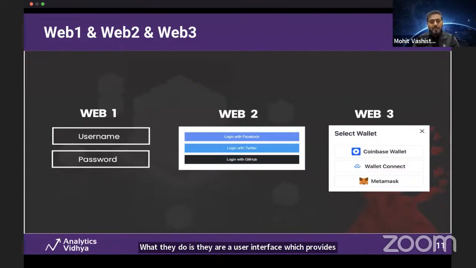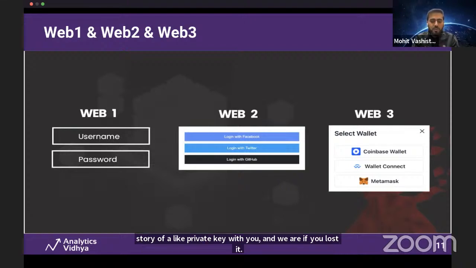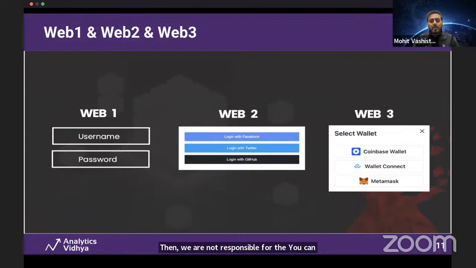They will say, you will have to store your private key with you, and if you lose it, we are not responsible, we cannot make it again, because it's a process which only happens once. You cannot define public and private keys again once it is gone.